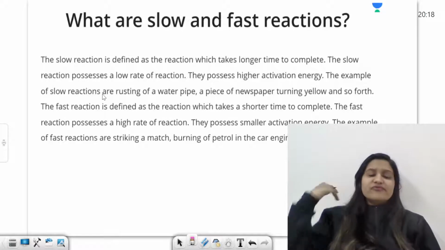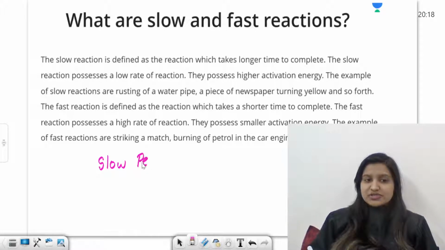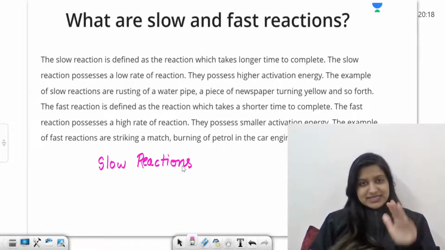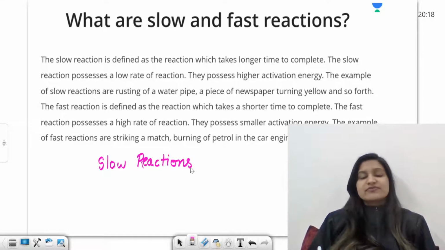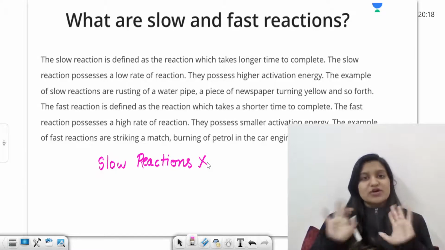So when we talk about slow reactions, in this particular chapter on chemical kinetics, please mind it that we are not interested in slow reactions.